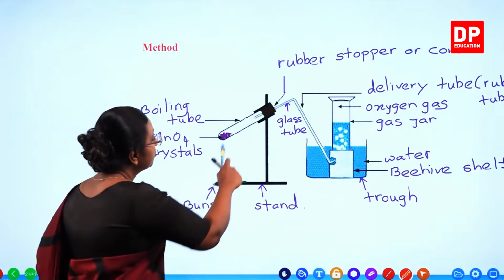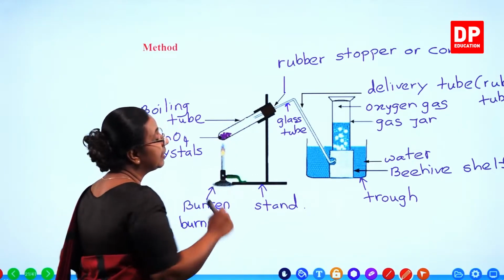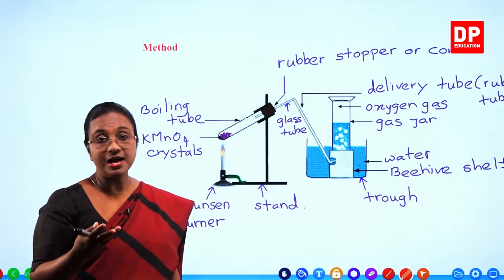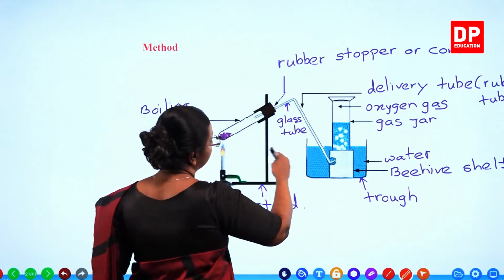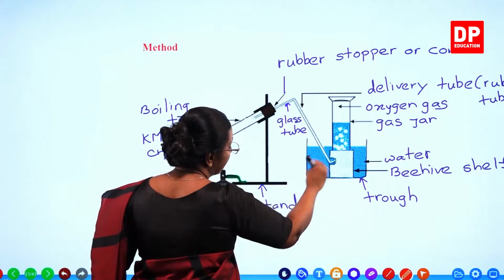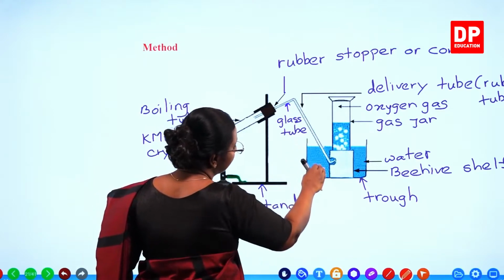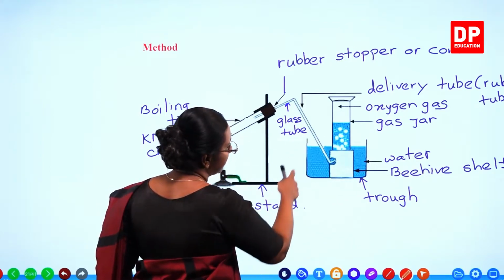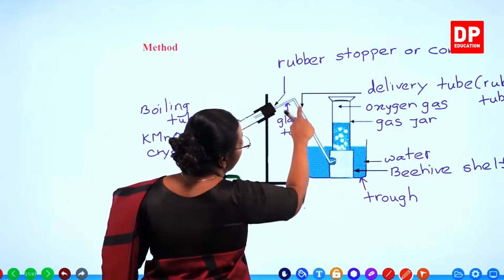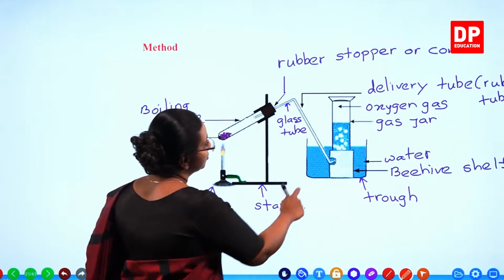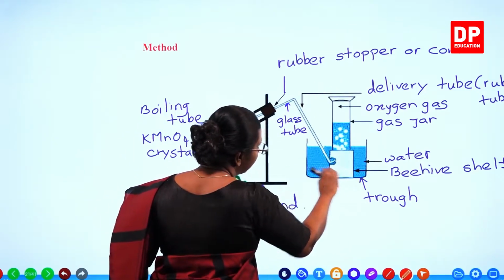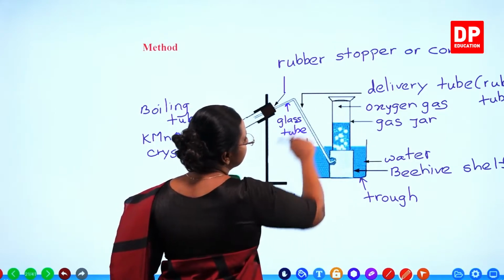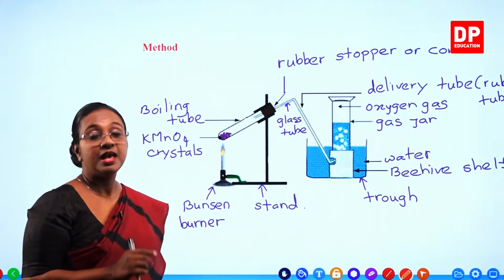At that time, you might see some purple color vapor also, but that does not come out through this. Here the oxygen gas will come out. It will be delivered into the gas jar through the beehive shelf via the delivery tube. So here you will see the water level going down and the gas getting collected there.